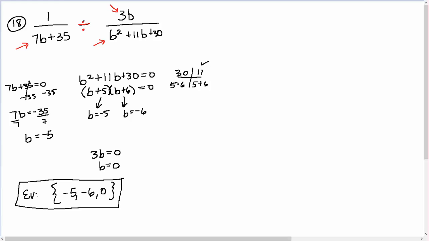All right, a technique to simplify a division problem is keep, change, flip. So we keep the first one. I think we can factor out a 7 from this. We change the division to multiplication, and the b squared plus 11b plus 30 is b plus 5, b plus 6.